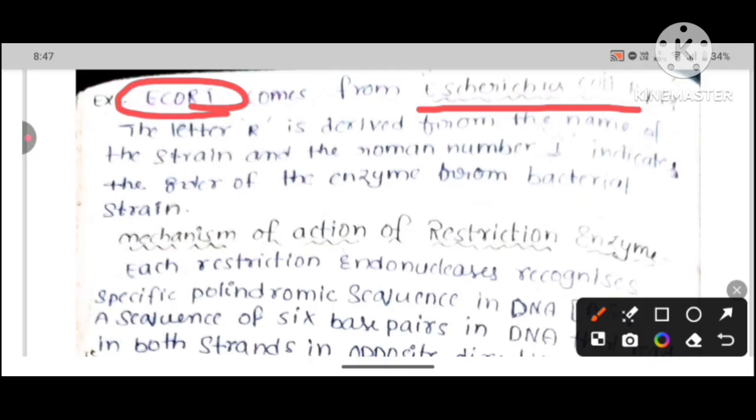The letter R is derived from the name of the strain, and the Roman numeral I indicates the order in which the enzyme was isolated from that bacterial strain. This is how we name restriction enzymes.